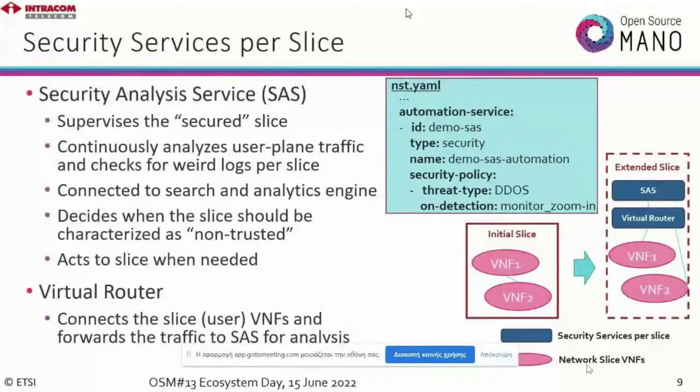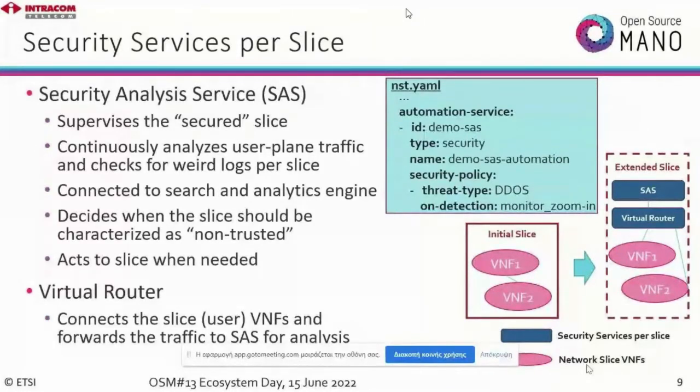In addition, as you can see in the picture, we have our initial slice where the network slice VNFs are included, where this slice is automatically extended and enriched with additional VNFs, the dedicated security services, which are the security analysis service and the virtual router.